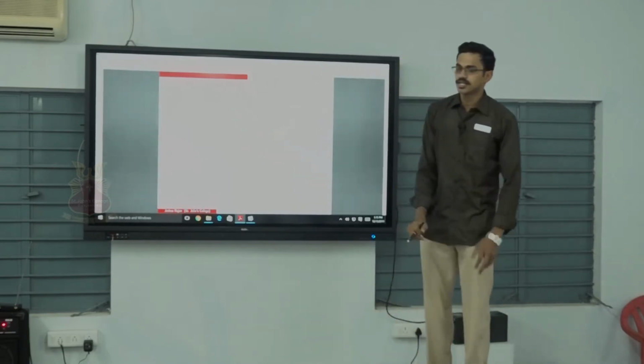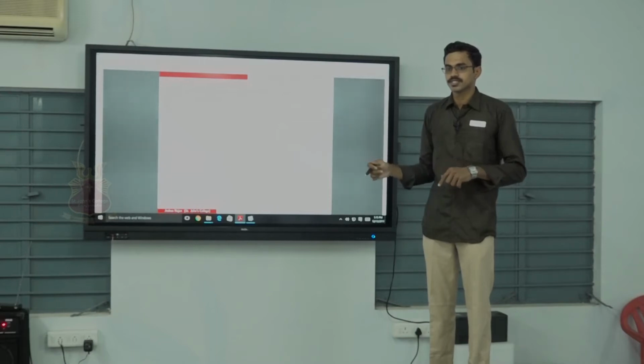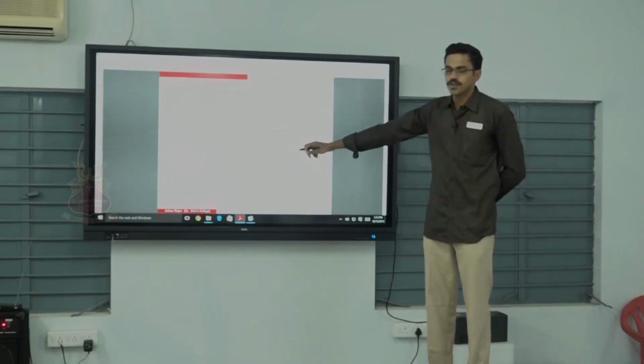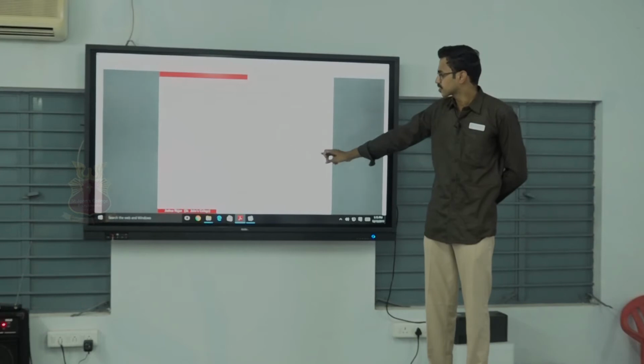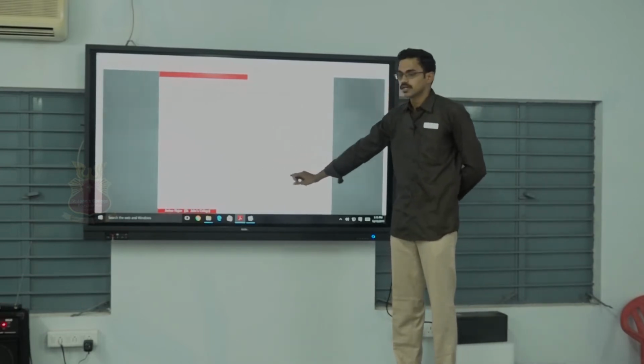As usual, we know the equation of the path is y equals x tan alpha minus g x square divided by 2 u square cos square alpha.